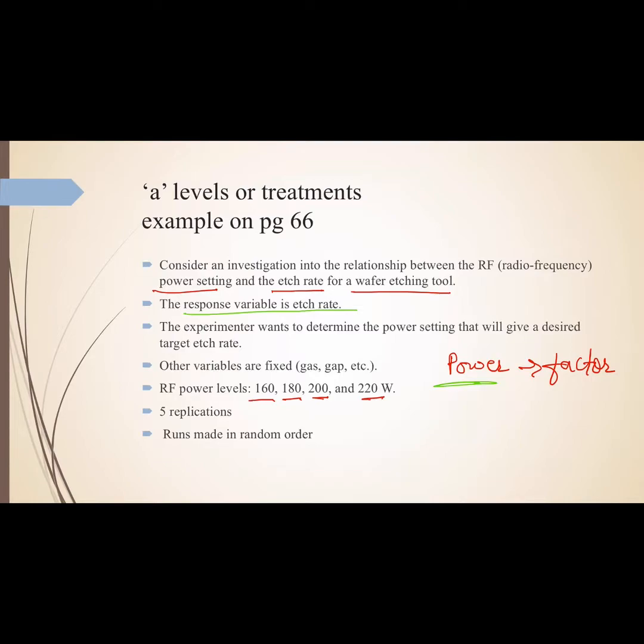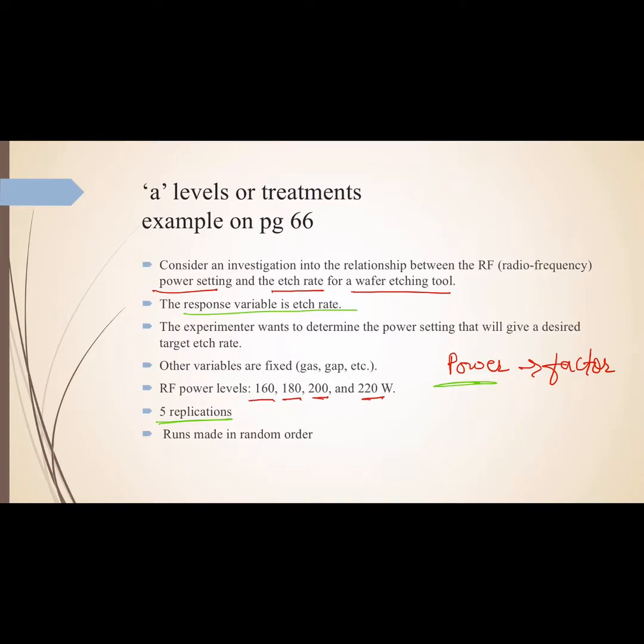All right, so you can clearly see the difference here. In the last example, we had only two levels. Now we have four levels, and at each level, we're going to be taking 5 replications. That is, we are going to test 5 wafers at each of the power settings, and then we'll note down the corresponding etch rate.